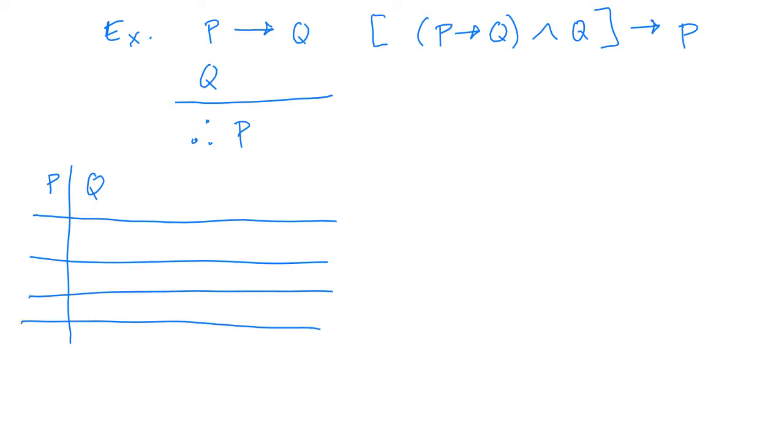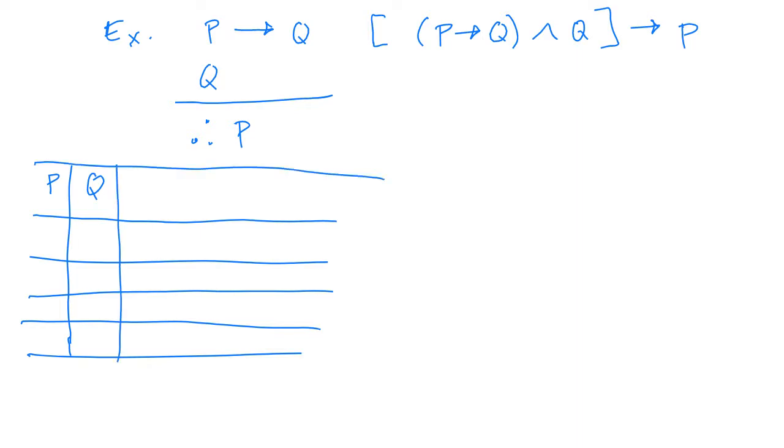Since you have two symbolic letters, so you have to have four possible combinations. So I'll go here T, F, T, F, alternates, and then two T's here, and then two F's.